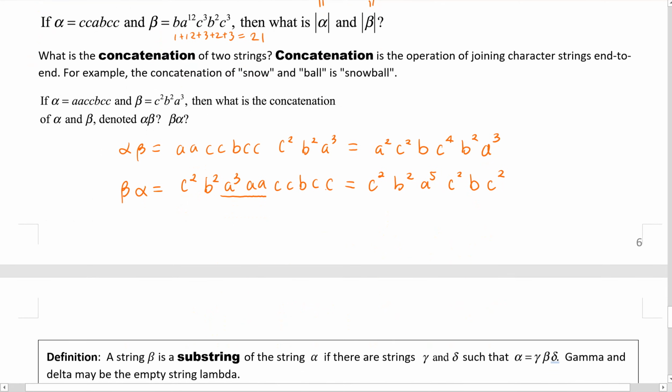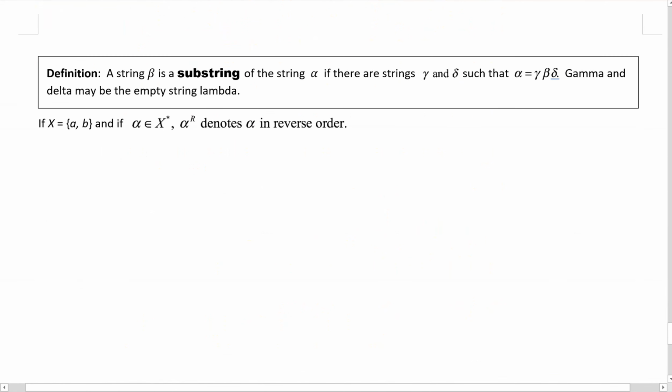Alright, let's continue. Substring. A string beta is a substring of the string alpha if there are strings gamma and delta such that alpha equals gamma beta delta.